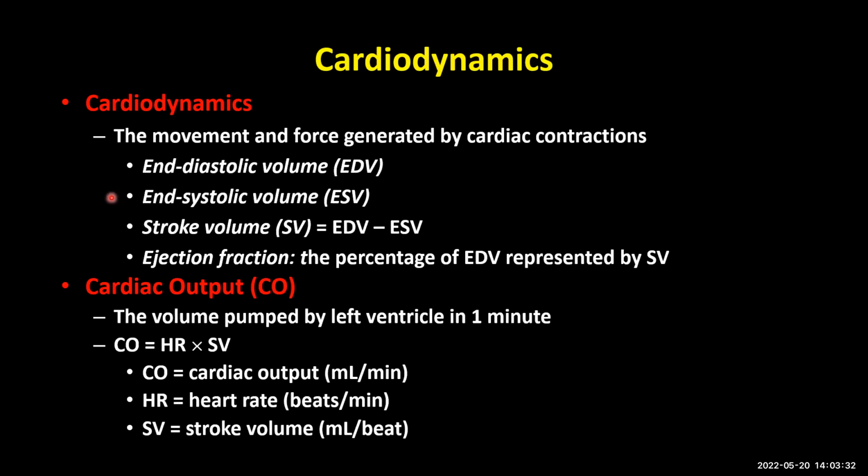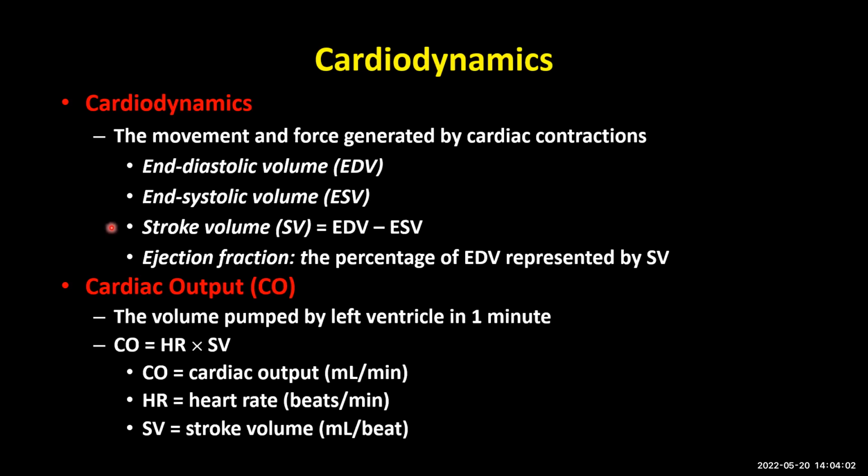End-systolic volume is what remains after the ventricles contract and blood is ejected, then the semilunar valves close. The amount of volume that stays in the ventricle at the end of systole, after the blood is ejected, is called end-systolic volume.